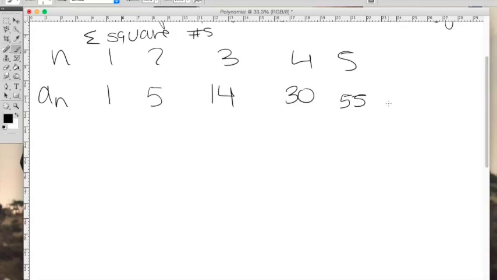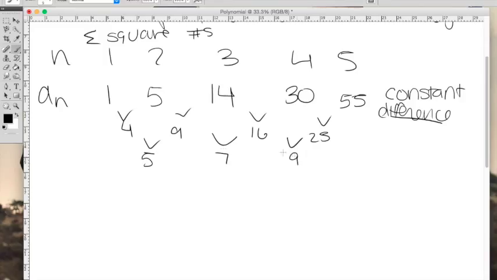So how you start is you find the first constant difference. It's 5, 7, and 9. Then your second differences are 2 and 2, and the third difference is constant, so it's a cubic function.